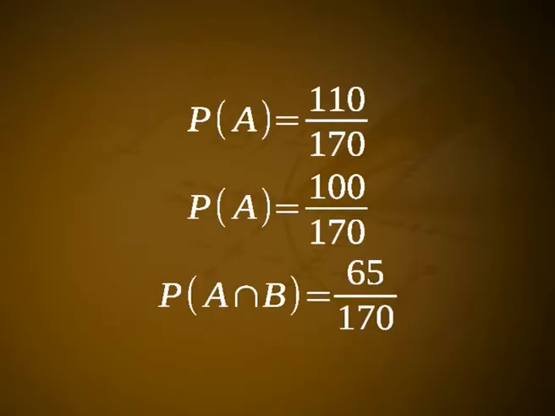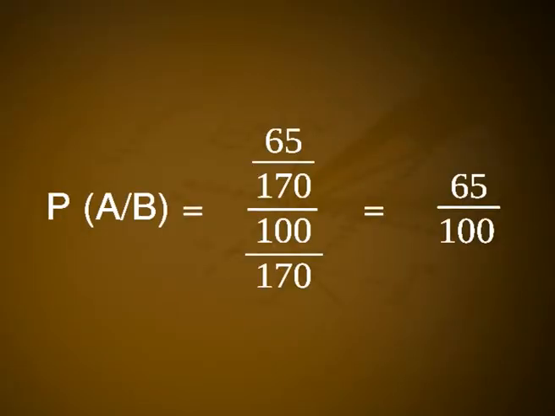Then P of A equals 110 by 170, P of B equals 100 by 170, P of A intersection B equals 65 by 170. Here, the probability that a science student called is a boy will be the conditional probability P of A given B equals 65 by 170 by 100 by 170 equals 65 by 100.